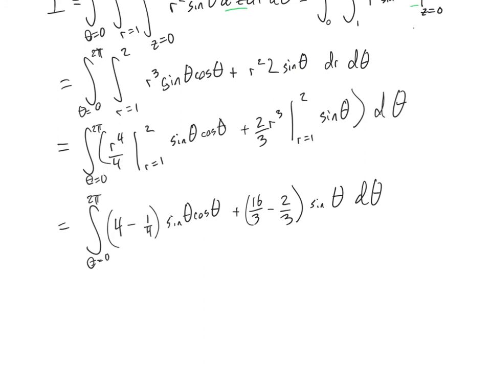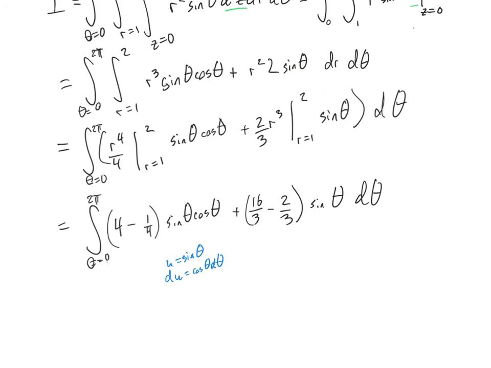And let's see, so this theta integral, for people who are still with me, I can do the first one as a u-substitution, so I can let u equals sine theta, so du is cosine theta d theta, and I'm just integrating u here, and sine at both 0 and 2 pi is 0.